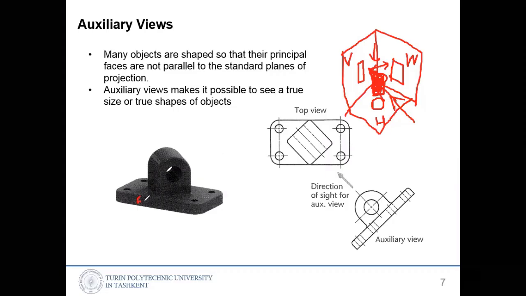So this side is parallel with the projection plane, and that is also parallel. So this side and that side are parallel, so this top side we can project without any auxiliary view. But if you see here, it's not parallel to any of them.